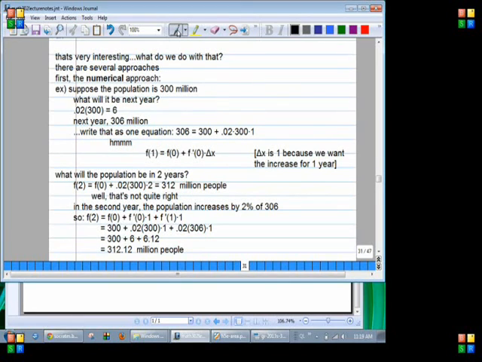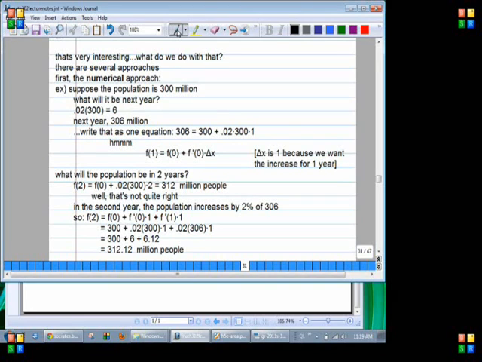But look at what we did. If you turn this back into the math that we know, here's what we did. We said we're going to start at 300 million, then it's going to grow by 2% of 300 million over 1 year. Then that's going to give me 306. Okay, well then it's going to grow by 2% of 306 million for 1 year. So what is this?